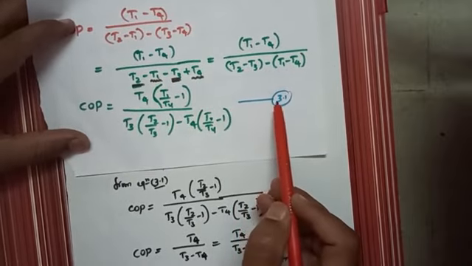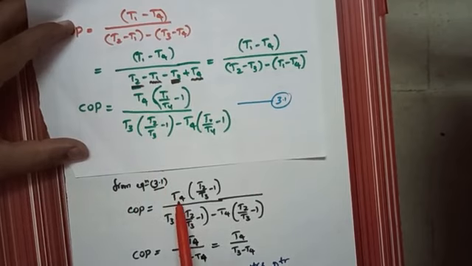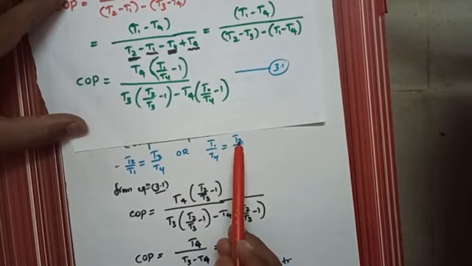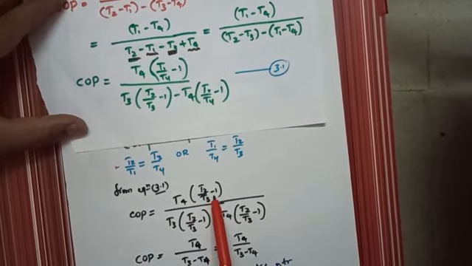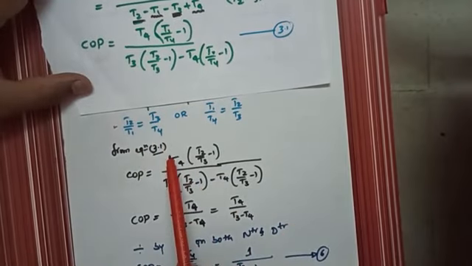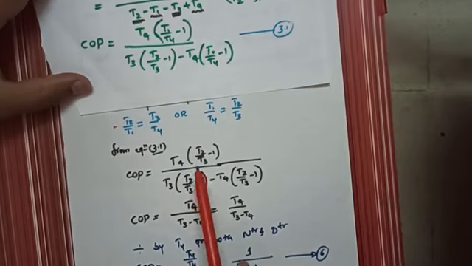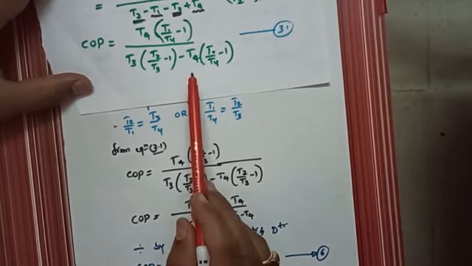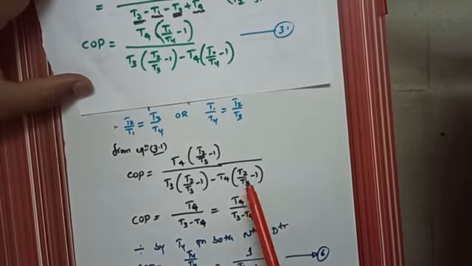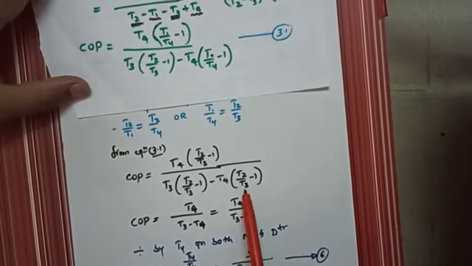So here, T1 by T4, using this equation from 3.1, COP is equal to T4 as it is. T1 by T4 I will write as T2 by T3, so T2 by T3 minus 1. Same T3 as it is here, so T2 by T3 as it is here, minus 1, minus T4, and T1 by T4, what is T2 by T3, substitute here.